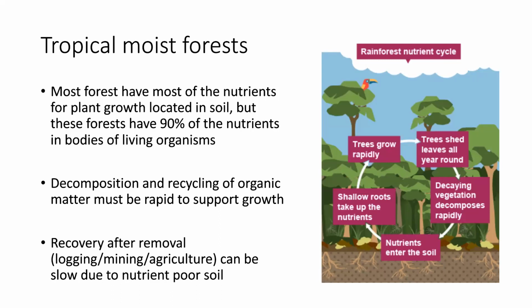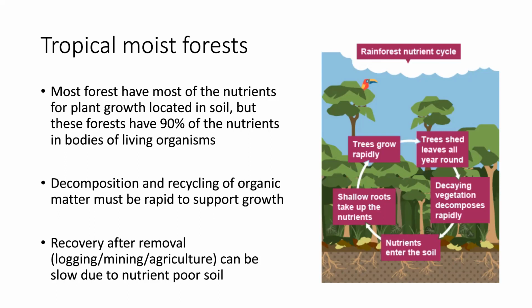And one thing that's kind of interesting about these types of rainforests is the nutrients themselves. We've looked at different nutrient cycles in chapter 1 or 2. Typically in a lot of environments, the nutrients are located in the soil. What's interesting about the rainforest, though, is that the nutrients are actually located in the living organisms.